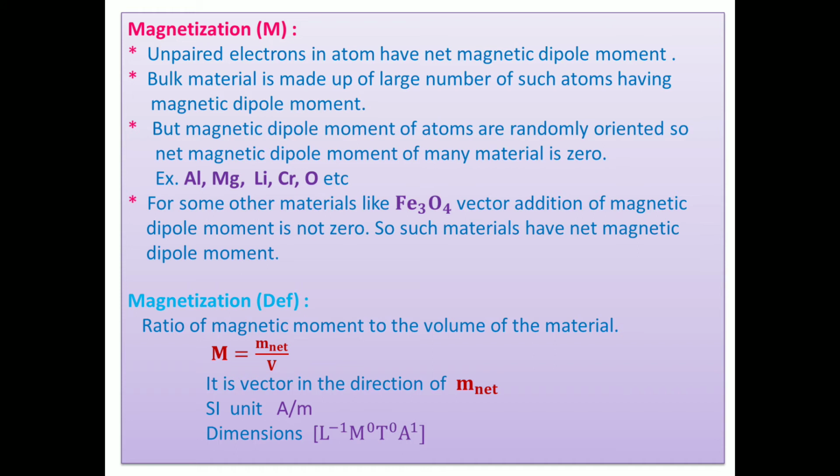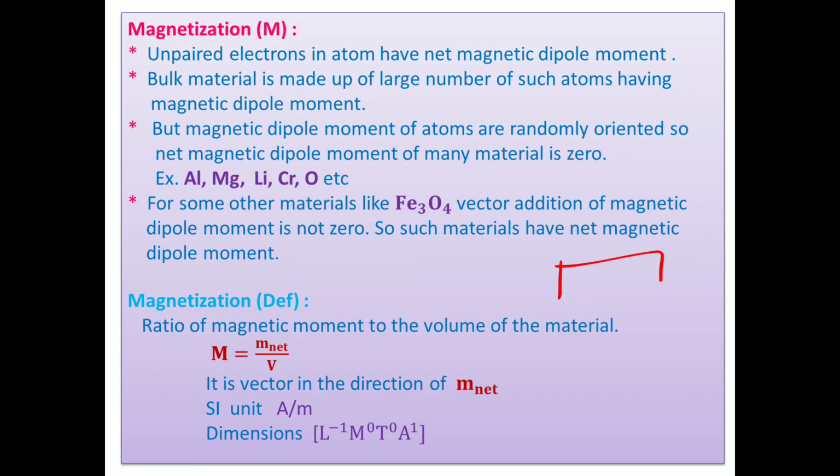But the bulk material is made up of a large number of such atoms having magnetic dipole moments, yet the total material is not a magnet. Then the question arises, why is this material not a magnet? Because the magnetic dipole moments of the atoms are randomly oriented, so the net magnetic dipole moment of the material is 0.